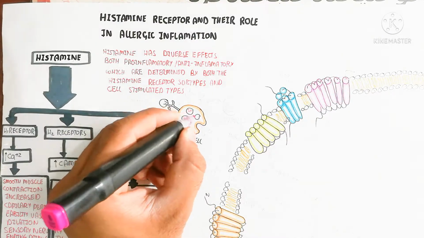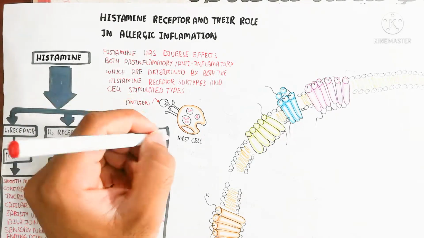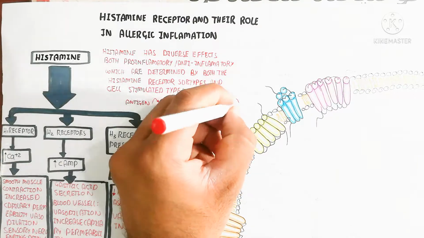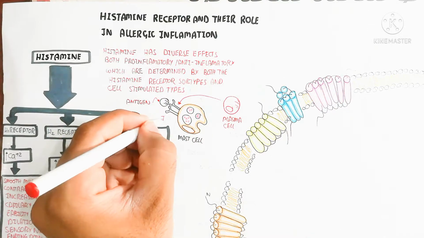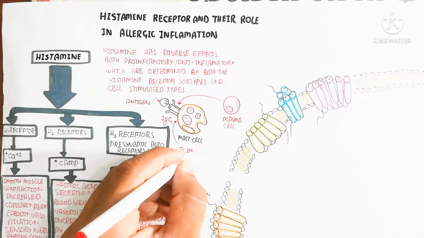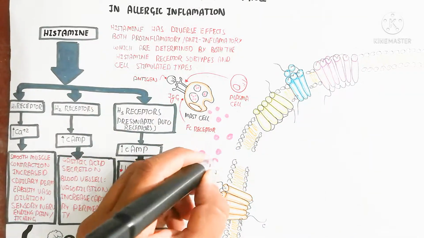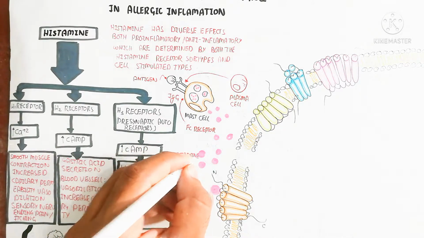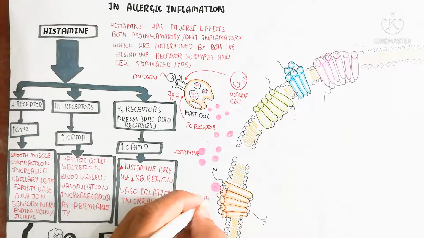The Fc receptor binds with the Fc portion of the antibody, which binds with the antigen, for example pollen. The plasma cell produces these antibodies. After this recognition, inflammatory cytokines and mediators are released, and histamine is also produced. This histamine binds with the specific H1, H2, and H3 receptors.